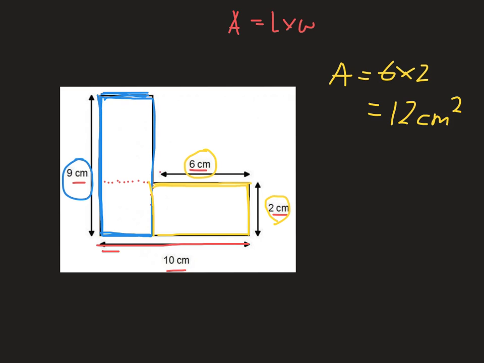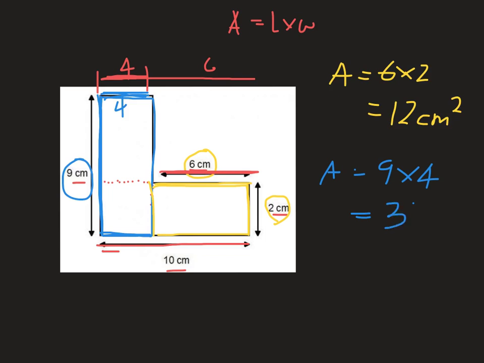And the one that's going to be helpful is knowing that 6 is here. So to make the 10 across the top, it would be 6 and 4. So this length along here is 4 centimeters. So to find the area of the blue rectangle, it's going to be equal to 9 times by 4. 4 nines are 36 square centimeters.